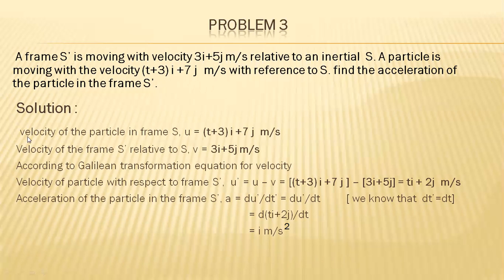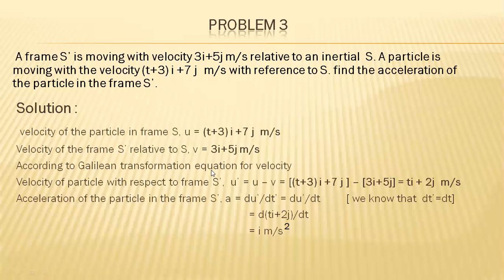In the given problem, the velocity of the particle in frame S is u = (t + 3)i + 7j, and the velocity of the frame S' relative to S is v = 3i + 5j.